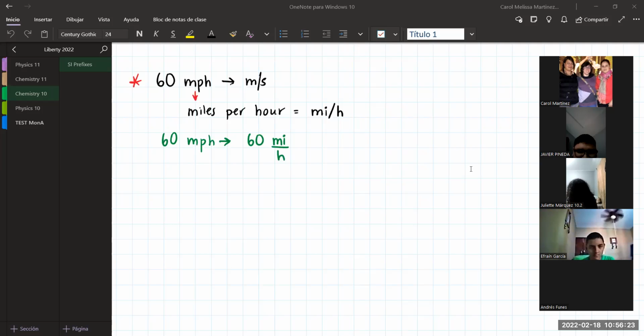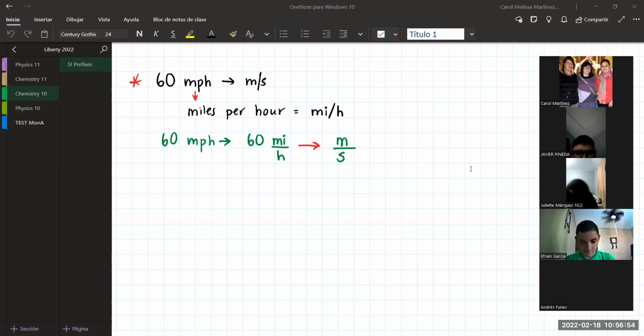If you want to do conversion, they must be written like fractions. Now from 60 miles per hour, you need to convert to meters over second. That means that in the end, you're going to convert from miles to meters and from hours to seconds. Those are the two conversions that you have to do.